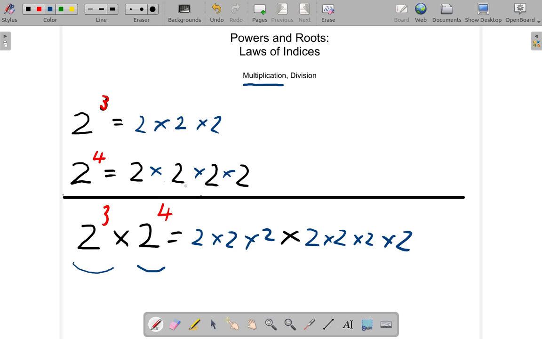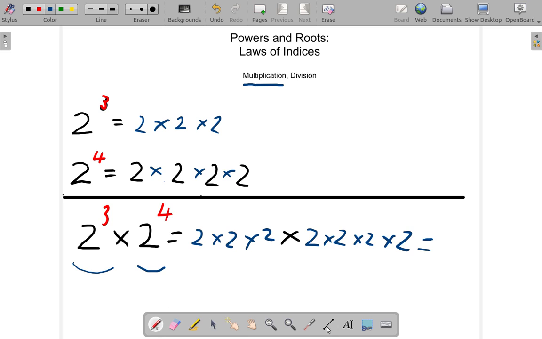Now, what does this all come together to give me? How many 2s do I have? 1, 2, 3, 4, 5, 6, 7 2's multiply each other. What is a short way of writing 7 2's multiply each other?